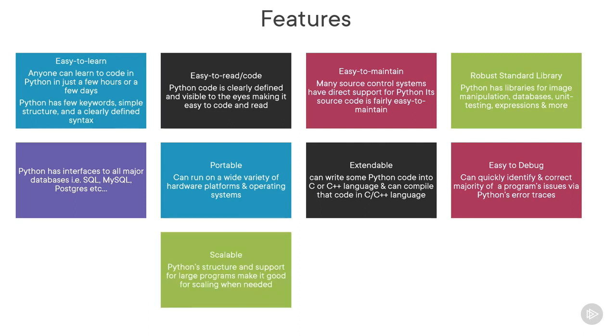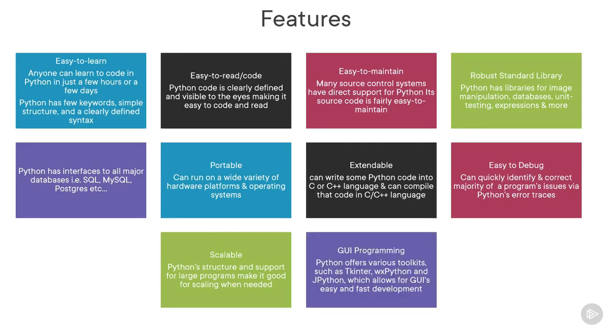And it's scalable, right? So Python's structure and support for large programs make it really easy to scale when you need to scale if you have complex or big automations. And also you can write GUI interfaces for your Python programs.